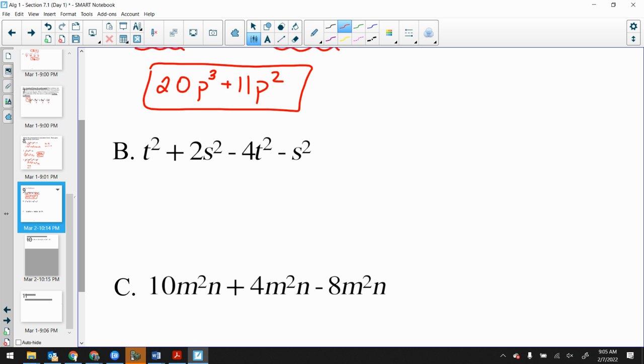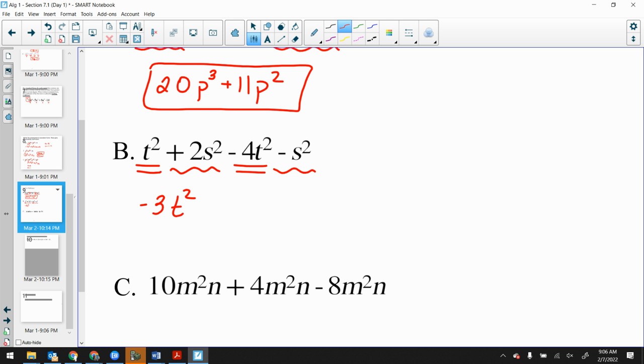Let's take a look at example B here. T squared plus 2s squared minus 4t squared minus s squared. All right, so let's combine. I've got a t squared and a negative 4t squared. What's that get me? Negative 3t squared. And then I've got a 2s squared minus s squared.